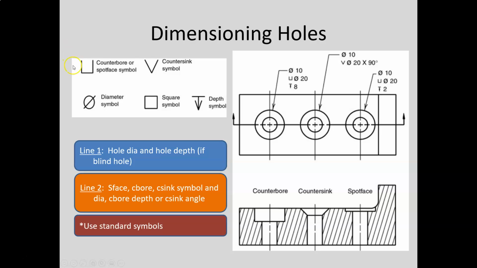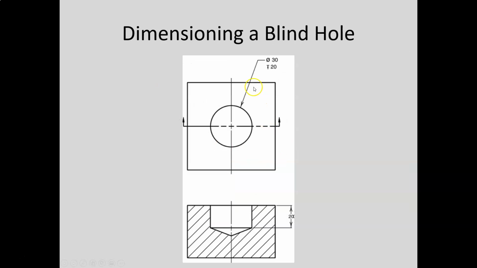Remember the new spot face symbol. This is not updated. The new spot face symbol has an SF in it. Again, AutoCAD generates all these, so we don't have to worry about making the symbol. We just have to worry about using it correctly. Blind holes get a depth, and the depth is measured from the bottom of the cylinder or the hole, not to the bottom of the conical tip.